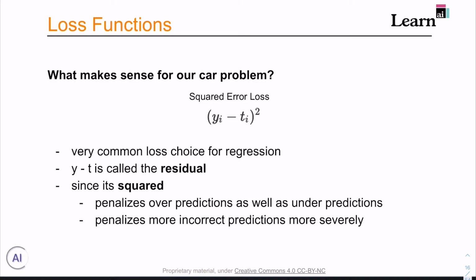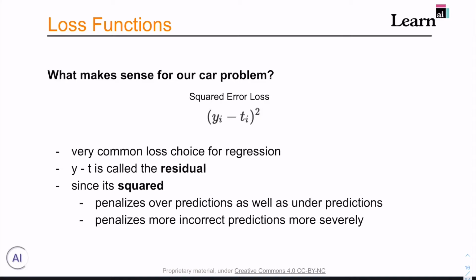Just another term. I know there's a lot of terms today, but I promise they'll solidify themselves soon. Y minus t is called the residual. That's a term that people use sometimes. Since this is squared, it penalizes over predictions as well as under predictions, and penalizes them at the same rate, right?